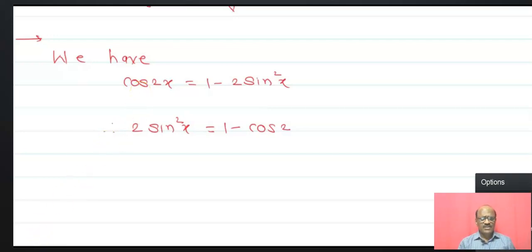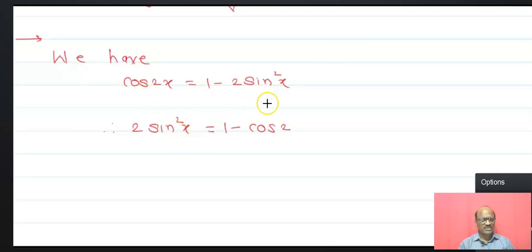The formulas are: cos 2x is equal to cos square x minus sine square x, next is 1 minus 2 sine square x, and last is 2 cos square x minus 1.